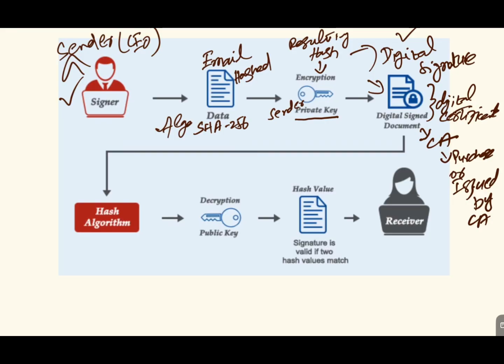And the last thing is that the digital certificate is signed by a trusted certificate authority such as DigiCert or Let's Encrypt. There are multiple authorities out there, and the certificate is obtained from a CA, usually purchased or issued. I think until this point things are clear.